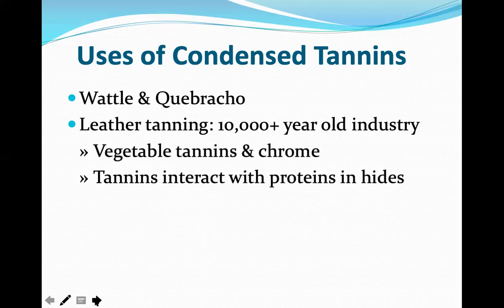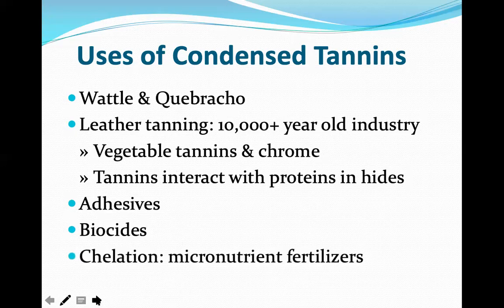Vegetable tannins and chrome tannins interact with proteins in hides. They can also be used as adhesives, and as biocides to kill different microorganisms and other organisms, and for chelation in micronutrient fertilizer.